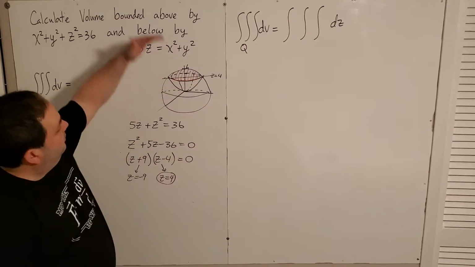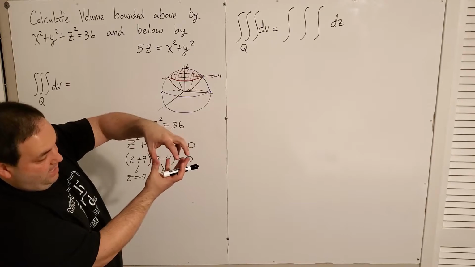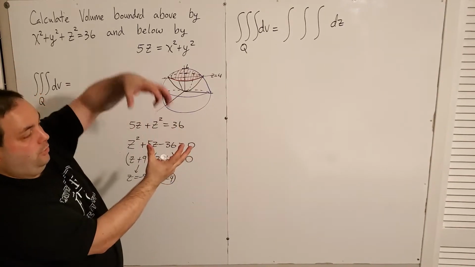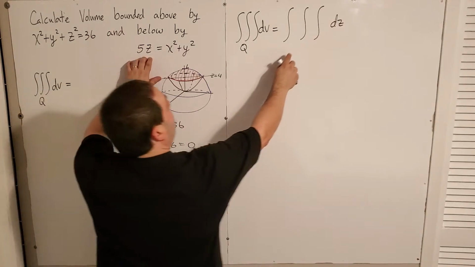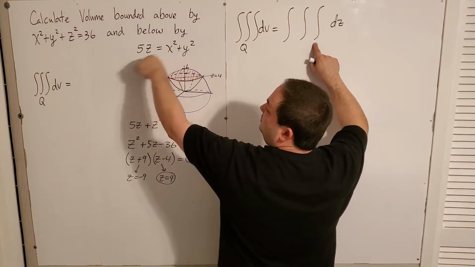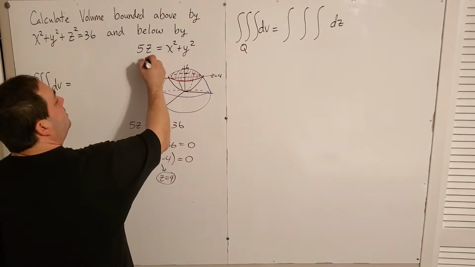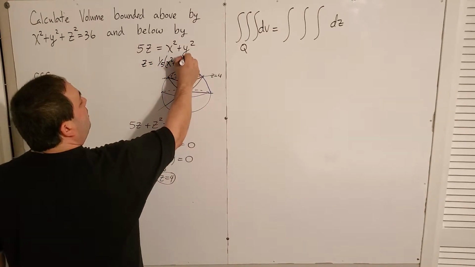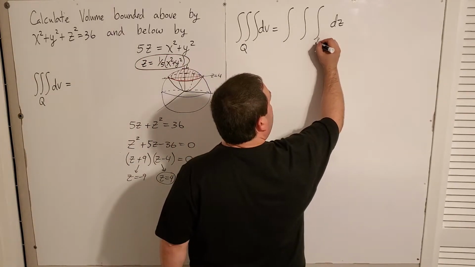Remember we're inside of this object, so the bottom z is the lower surface, and then the z's go up to the top surface. So the bottom of z right here is going to have to be the paraboloid. Solving for z here means z is going to be 1/5 (x squared plus y squared). So that's what I have as my lower limit here.